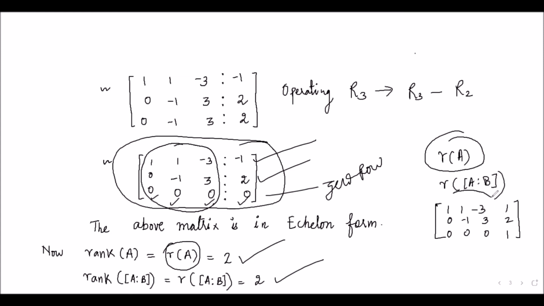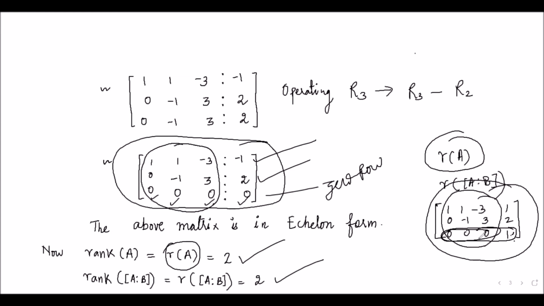In this case, the rank of the coefficient matrix will be 2, because this is a 0 row. But what will be the rank of the augmented matrix? It will be 3, because we consider the whole matrix, and this is a non-zero row in the echelon form of the augmented matrix.